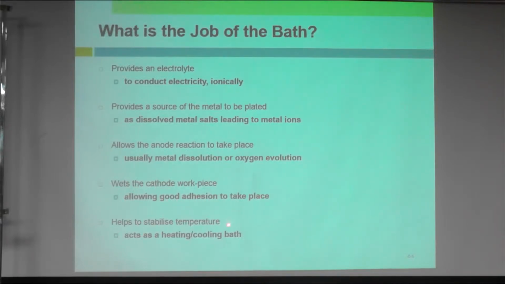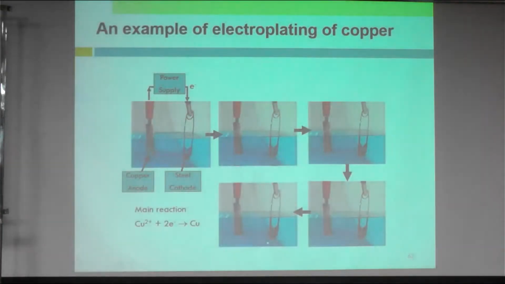help to stabilize temperature. And the thing is, in this case, if you want to deposit something on the silicon substrate, we need to have a conducting material on top of the silicon substrate itself. So that is a preparation that needs to be done.